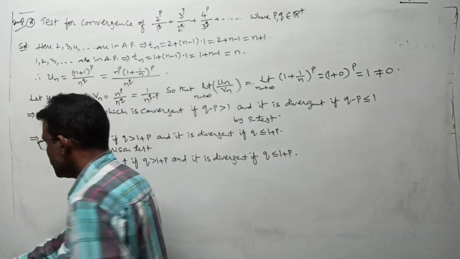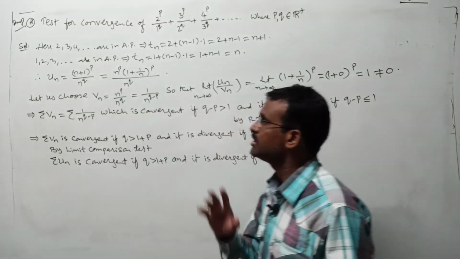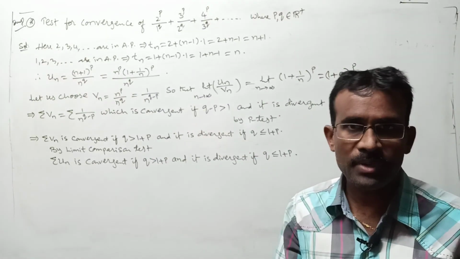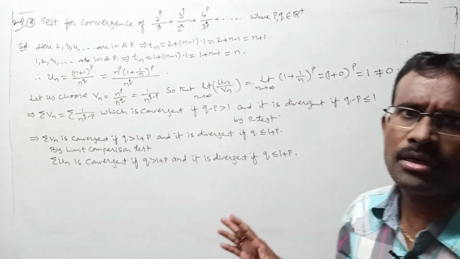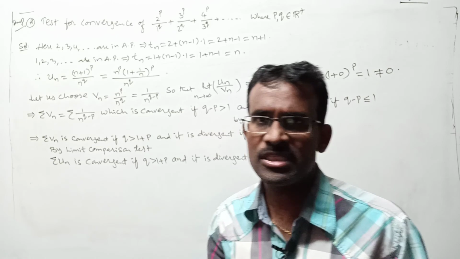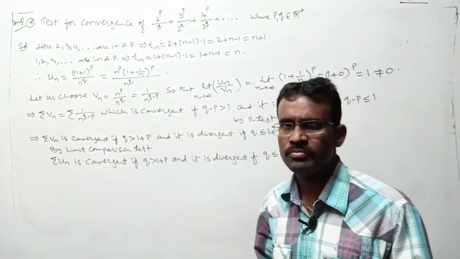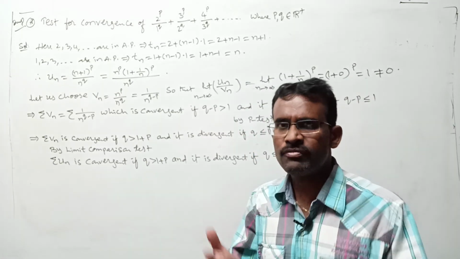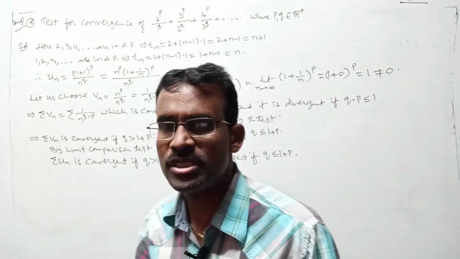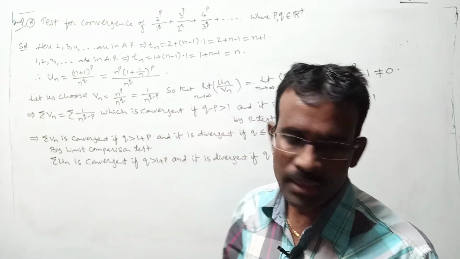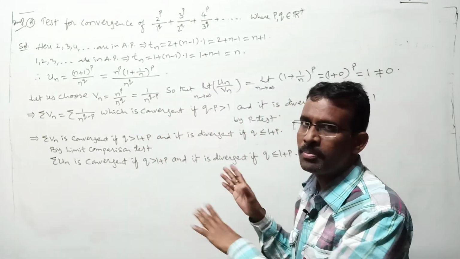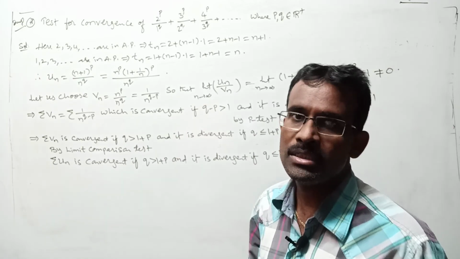These are the different model questions in your limit comparison test. Still in the material a few more questions are available, and I gave the solutions also. Homework problems also I gave the solutions. Just go through them. And this is about your complete problematic part in the limit comparison test.